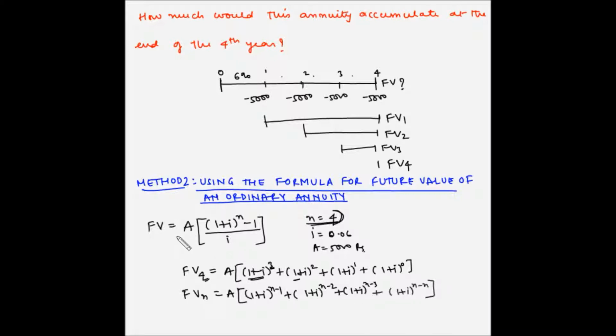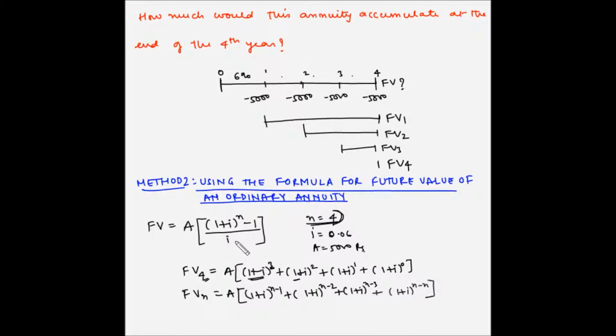So that's why when we are using the formula for finding out the future value of an ordinary annuity, we have to consider N as the total number of periods. So here N is 4, I is 0.06, and A is 5,000 rupees.